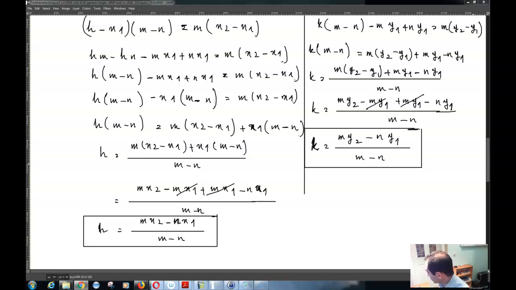Now there are a couple more things over here to talk about, and this section formula is important. So let's do a couple of examples using the section formula as well, and then we will get back to what we were doing over here, which was the section formula in three-dimensional geometry.